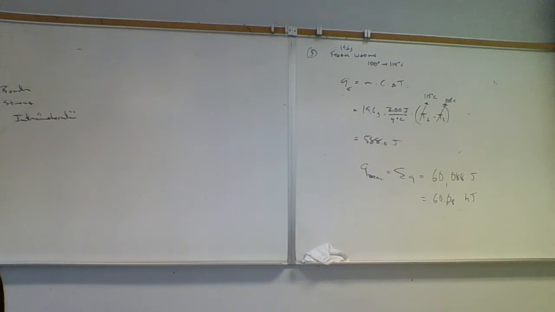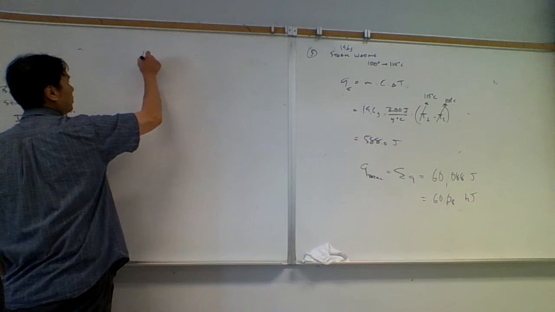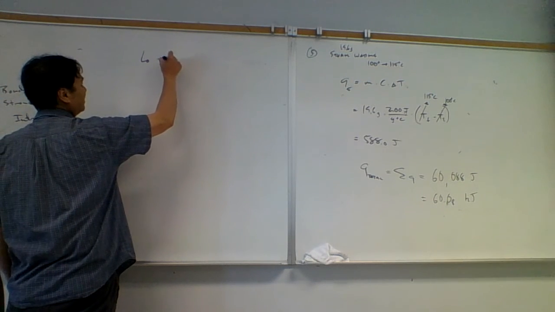These unusually strong dipoles happen when hydrogen's bonded to what? Three elements? Fluorine, oxygen, or nitrogen. These are big dipoles. And then we have normal dipoles, which is called dipole attractions.